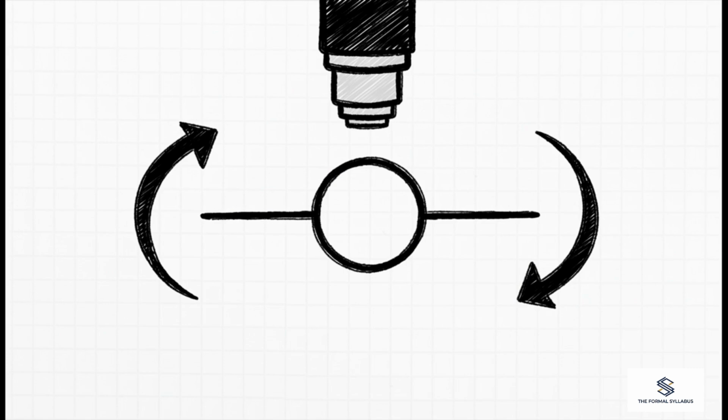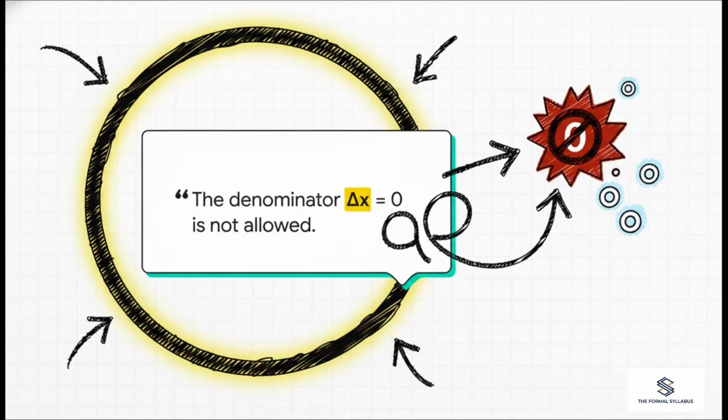Now, you've probably noticed I keep dropping the word limit, and there's a good reason for that. The limit is really our core concept here. It's like our microscopic magnifying glass. It allows us to safely investigate these broken mathematical boundaries by getting infinitely close to them. We can figure out exactly where the function is trying to go, even if the point itself is complete chaos, or just totally empty. But here is the absolute golden rule of limits, the most crucial takeaway.